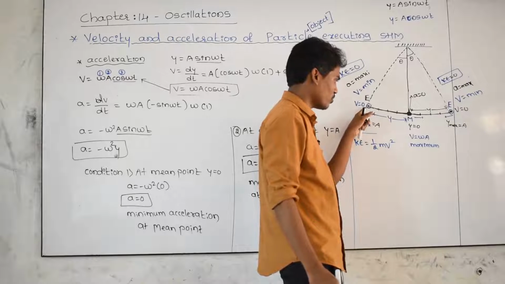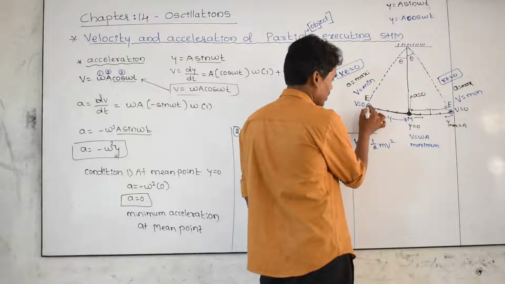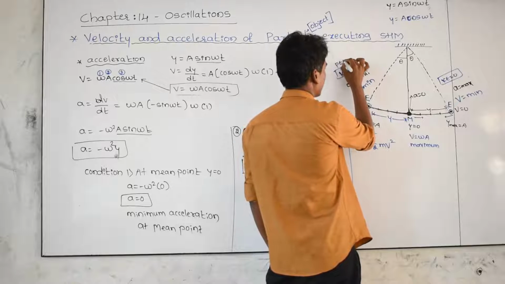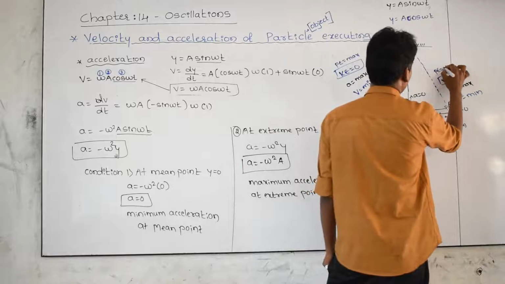The object is moving from this point to this point. Here the kinetic energy is 0, so at this point potential energy is maximum. Potential energy is maximum here also.